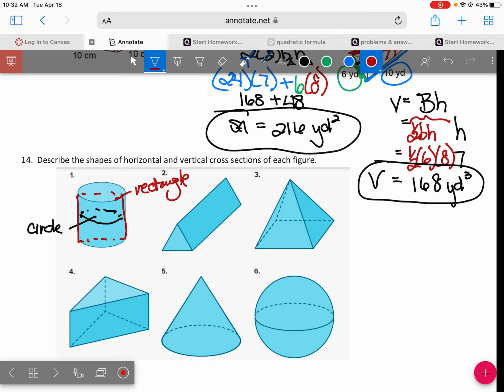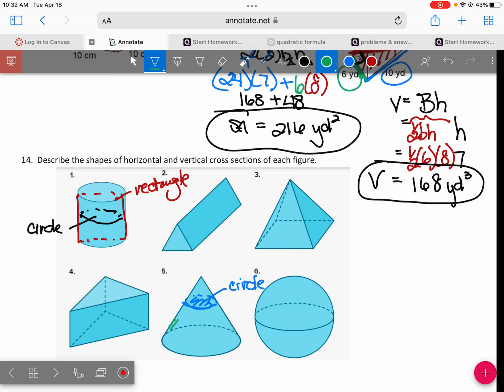Okay. I'll do a couple of these. What if I do this one? A horizontal there, what shape is that? No, not cone. Cone is the whole thing. I just want the cross section. Circle. This one is an important one to know.